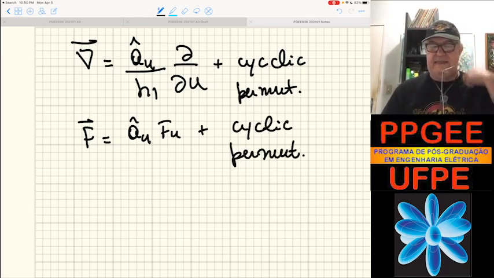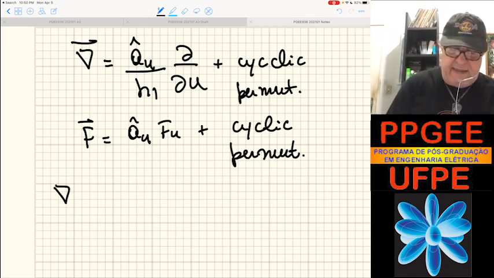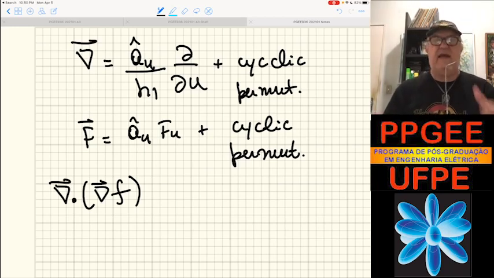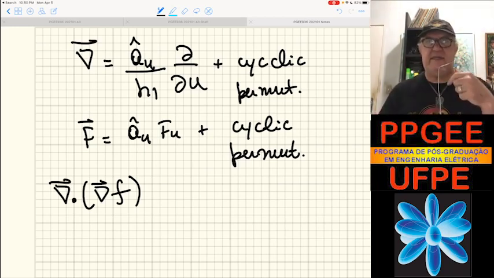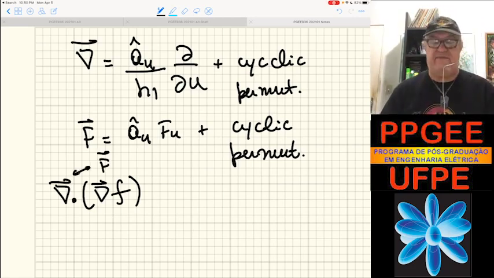But in this case, the U components, I want to apply the divergence. I want to make the repeated application of gradients of F. So I build a vector which is the gradient of a function, called this F, and calculate the divergence of F.